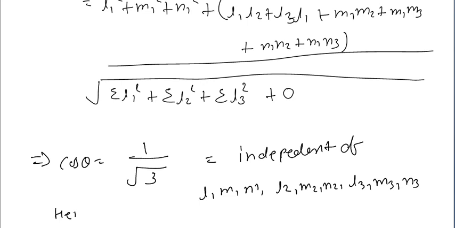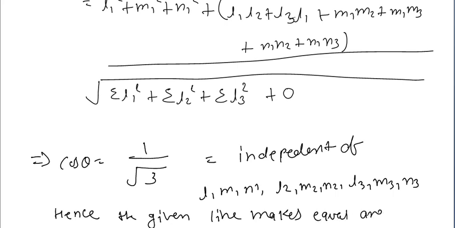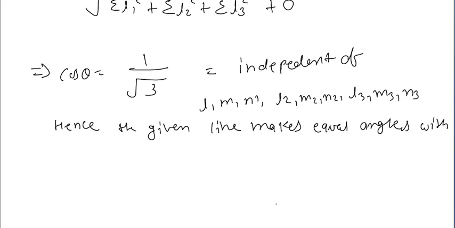Hence we can say that the given line makes equal angles with the three lines, because cos theta is independent of L1 M1 N1, L2 M2 N2, L3 M3 N3.